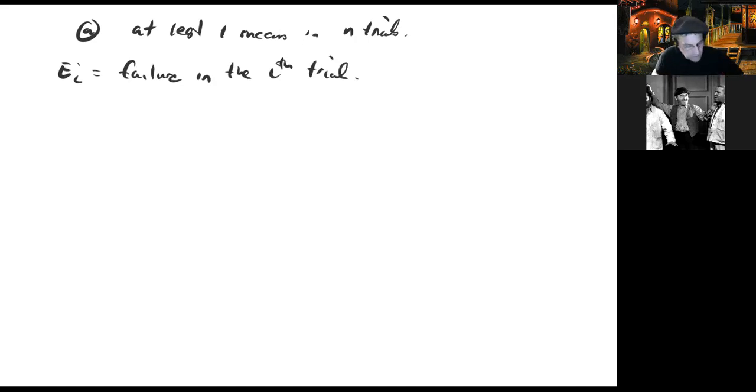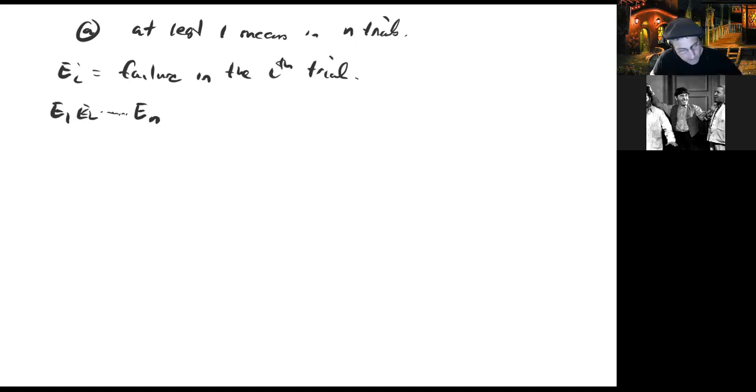Then what is E1 intersect E2, all the way up to En?